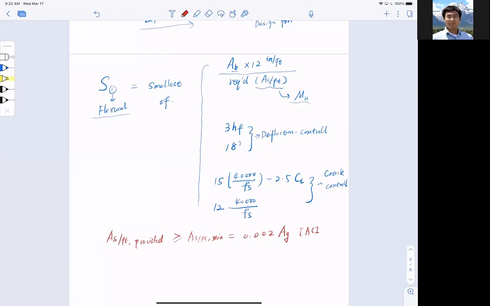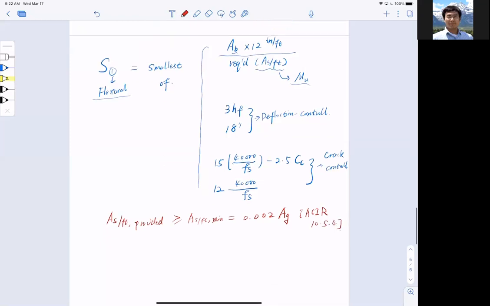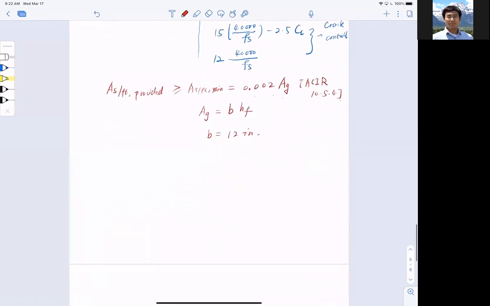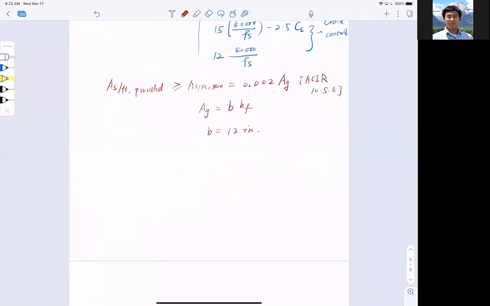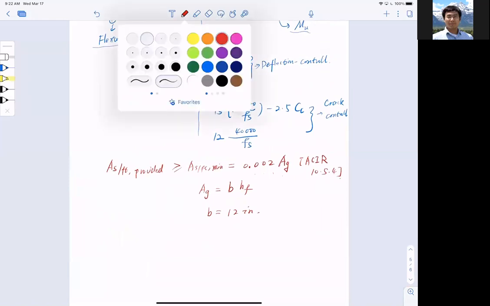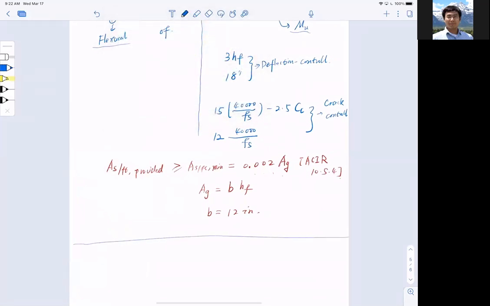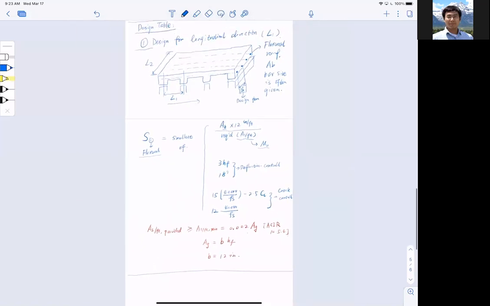You might not have this; it's in ACI revision R10.5.4, but you don't have to worry about that. You just need to remember this equation, 0.002 AG. Now, what is AG? AG is the cross-section area, that is B width multiplied by HF, and B in this case equals 12 inch.